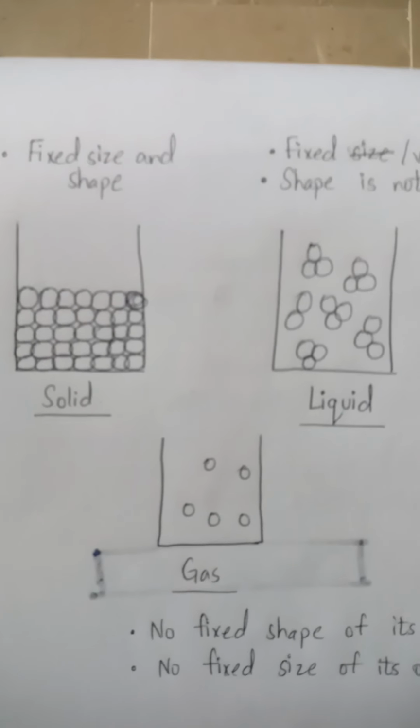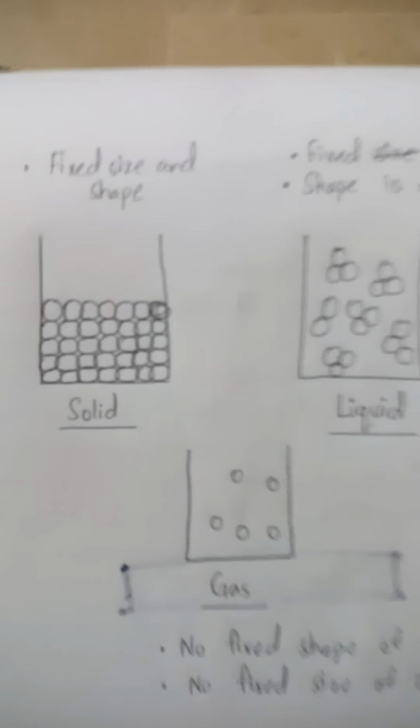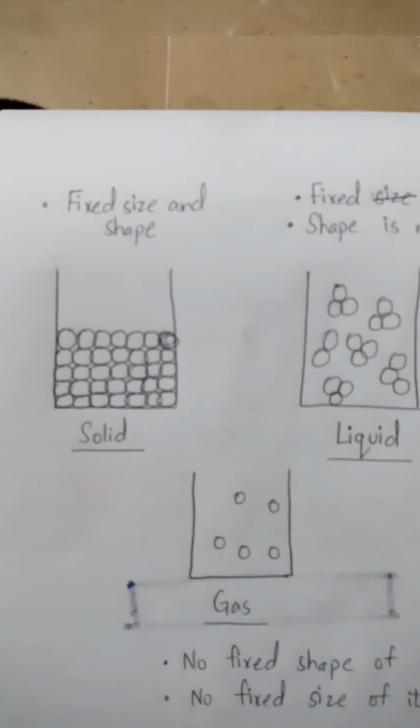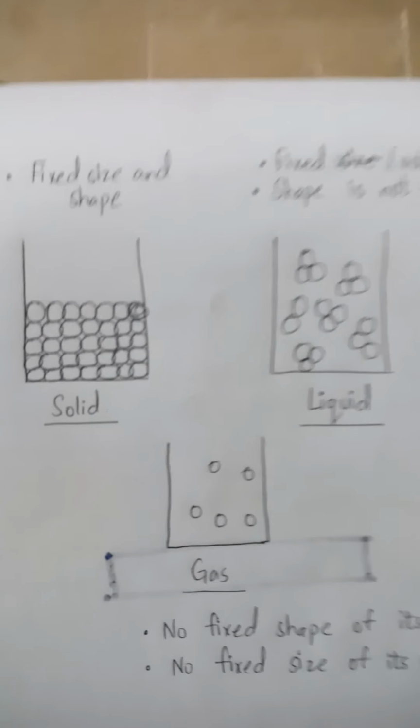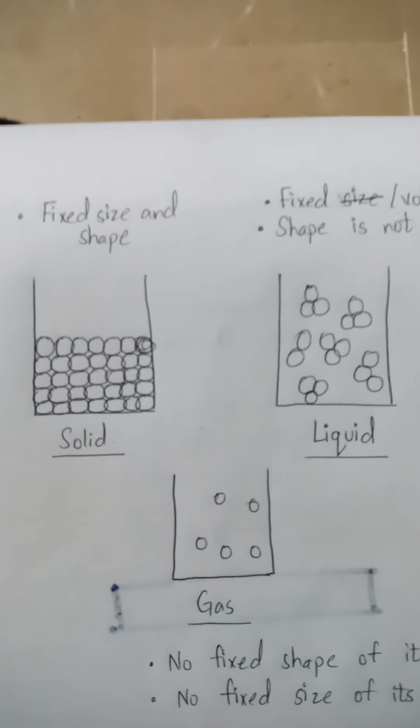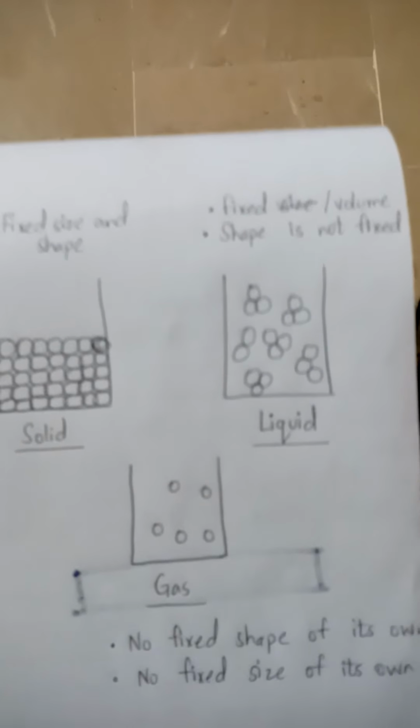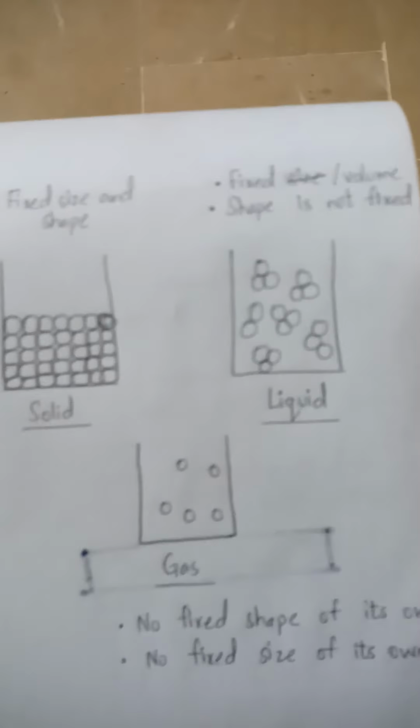Now if I spray a perfume, first of all, can you see gas? No, we cannot. Most of the gases, we cannot see. They're invisible. If I spray a perfume in a room, it doesn't have a fixed shape. If it had a fixed shape, we would be able to see it through our eyes. But it doesn't have a fixed shape.